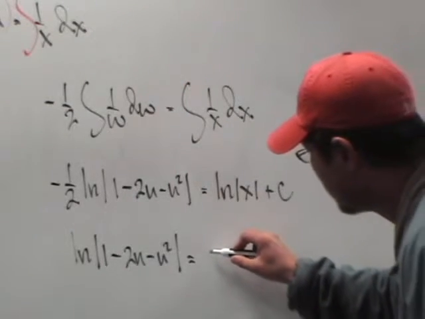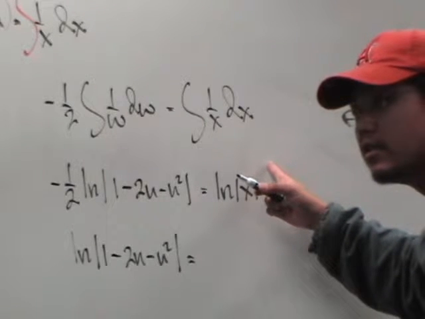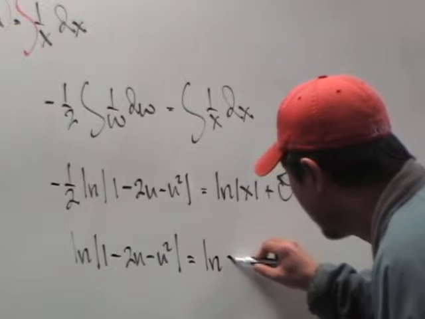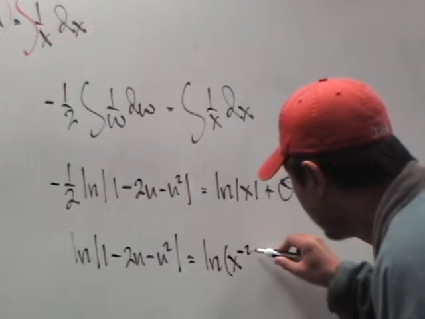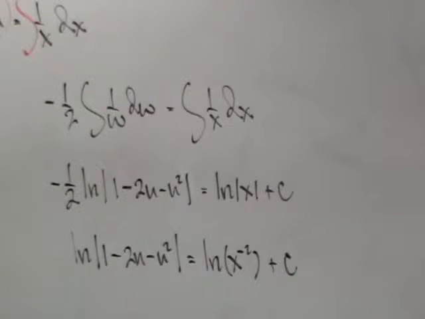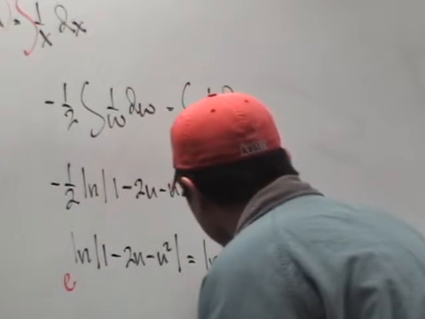negative 2. Well, what's negative 2 in the log? It goes up here as the power of x, x to the negative 2. So this is natural log of x to the negative 2 plus c. Negative 2 times c is still a constant, we don't know, right? So just like that. Then I'm going to take e of both sides, and again, that same little trick here.